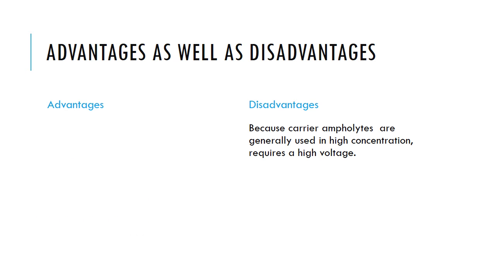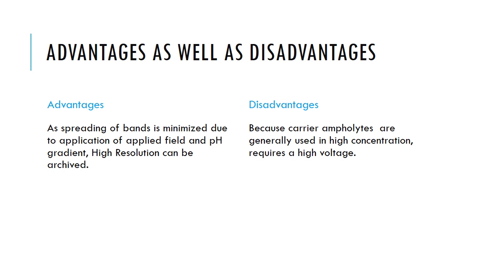Okay, what are now the advantages as well as the disadvantages of this method of separating proteins? When we talk about the advantages, we are saying that high resolution can be achieved. How can high resolution be achieved?